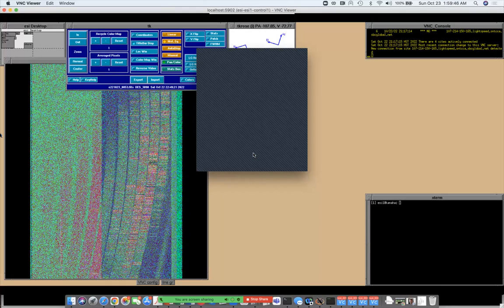Sorry? Yeah, so the reason we take spectra is to verify that it's a star, but more important, to measure the Doppler velocity, the Doppler shift of the star.